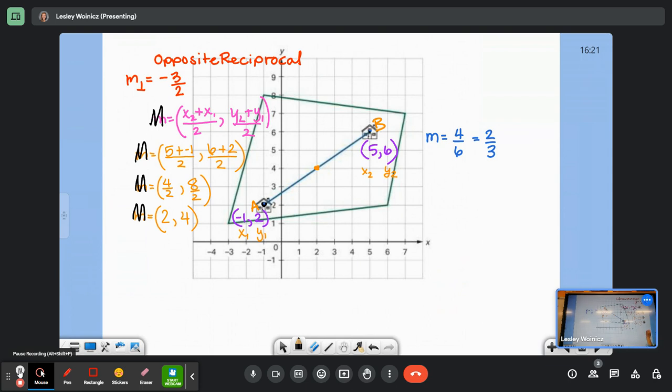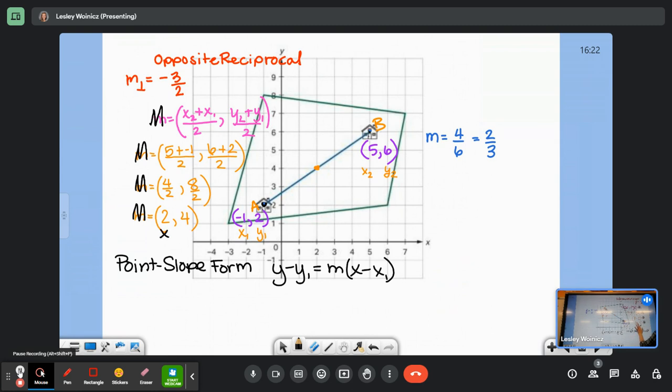Okay, so it's called point slope form. It was on our last review. It goes y minus y sub 1 equals m times x minus x sub 1. So I plug in all my stuff.